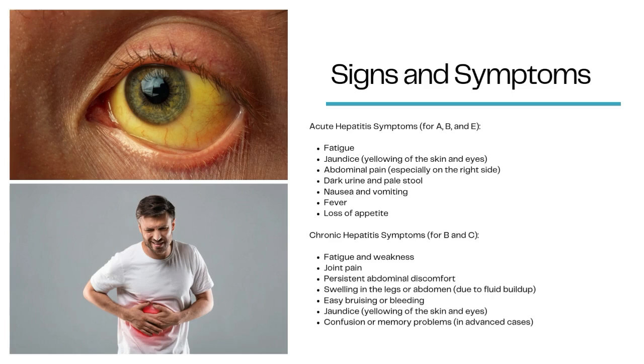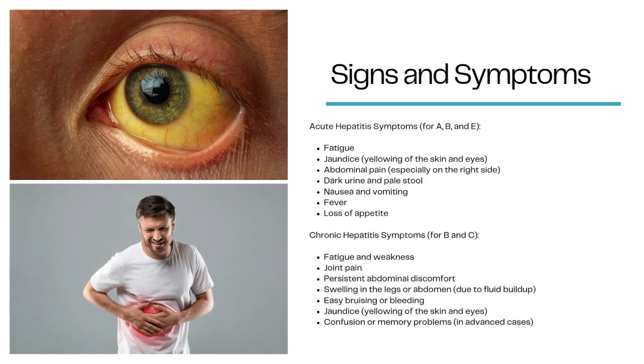As the disease advances, individuals may develop swelling in the legs or abdomen due to fluid buildup, easy bruising or bleeding, jaundice, and in some cases, cognitive symptoms like confusion or memory problems, particularly if the liver begins to fail. Chronic hepatitis can ultimately lead to severe complications such as cirrhosis of the liver or cancer if left untreated.